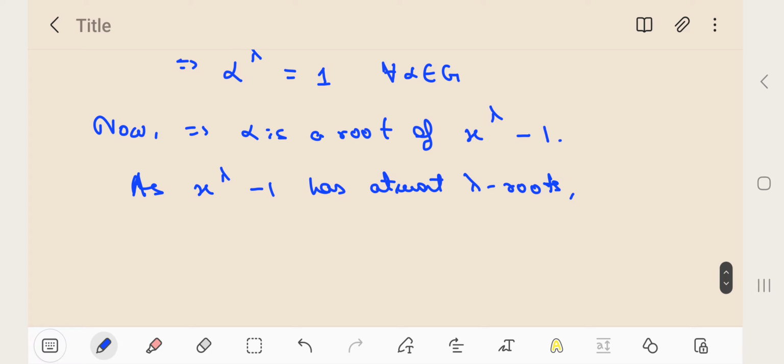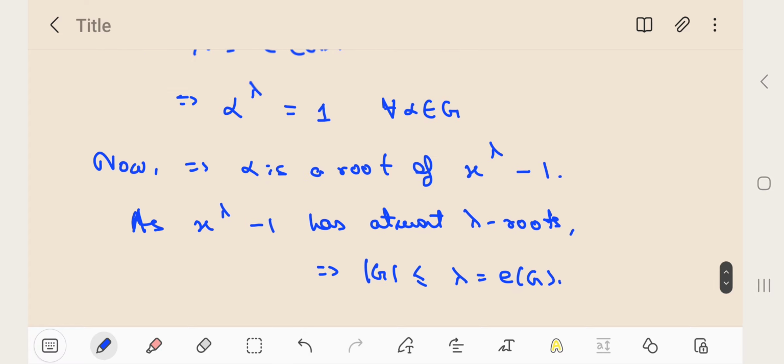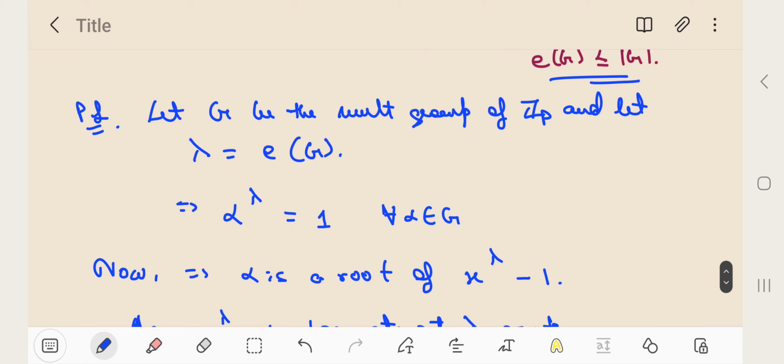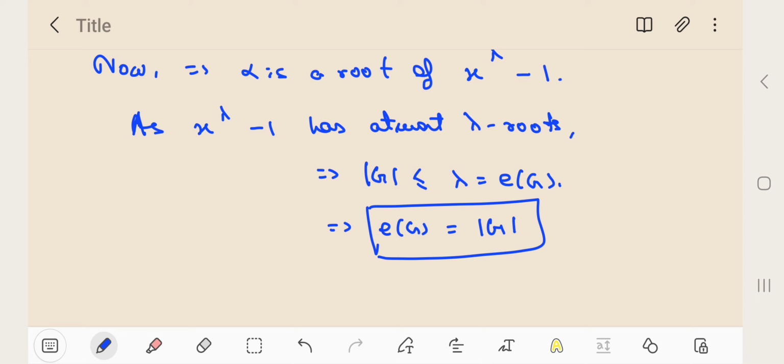Therefore, the total number of elements in G must be less than or equal to lambda, because all the elements of the group G act as a root of this polynomial. So the order of G is less than or equal to lambda, which is E(G). But we have already seen that E(G) is less than or equal to the order of G, an immediate fact. So E(G) equals the order of G. Clear? Suppose I call this 1.